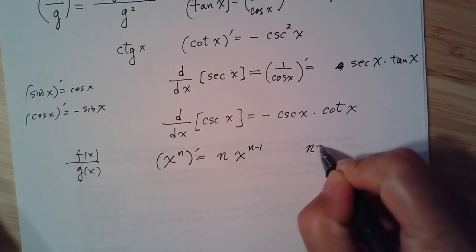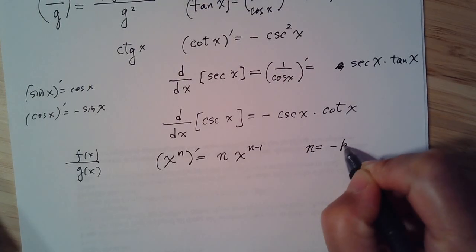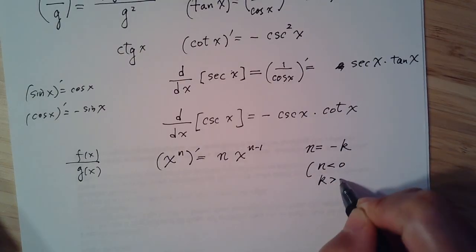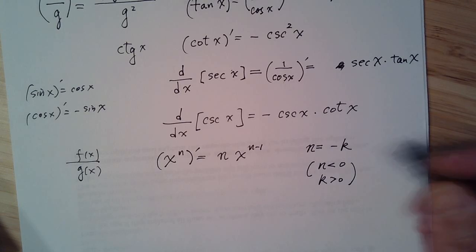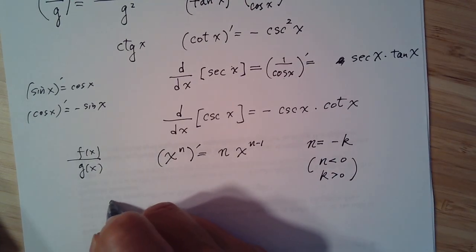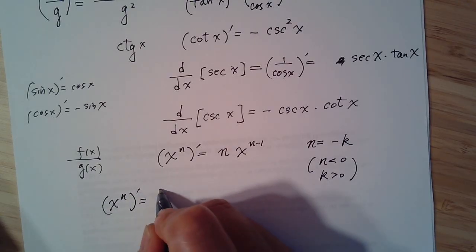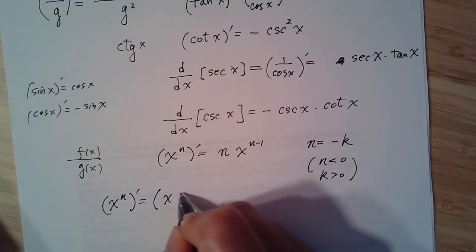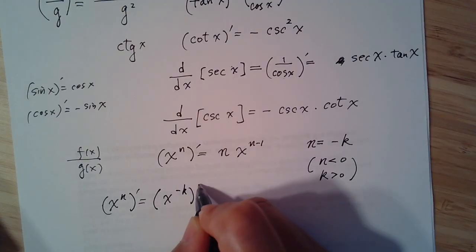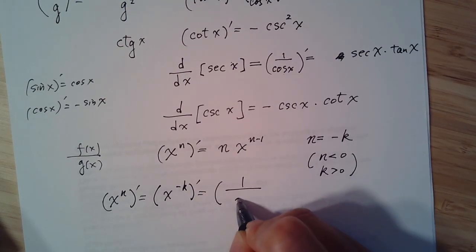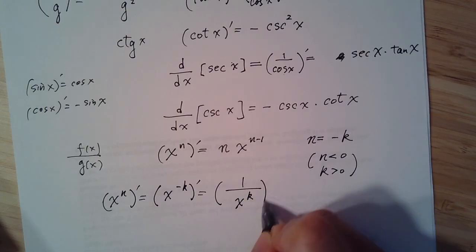Let's say n is negative k, so n is less than 0, and k is a positive number. So for example, the derivative of x to the negative k, we can write that as the derivative of 1 over x to the k.